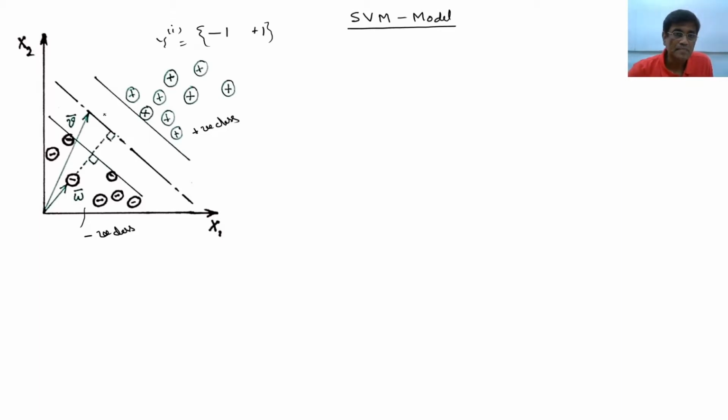Say this is any arbitrary point whose position vector is V. So we are interested to classify by computing this dot product between these two vectors and making it greater than or equal to k, where k is an arbitrary constant.